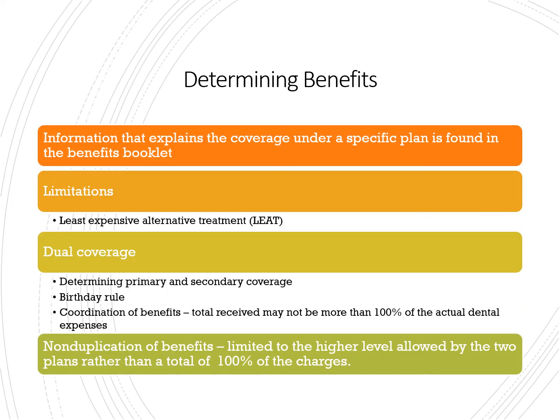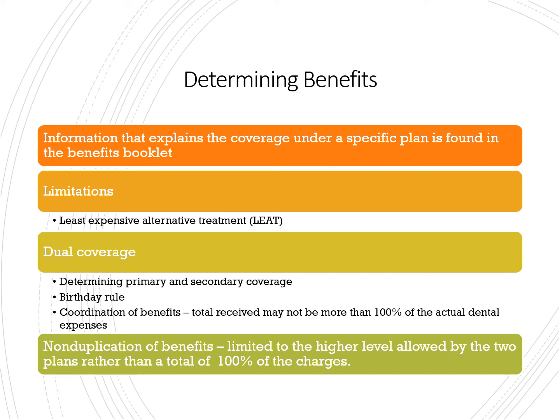There are some things you need to be aware of when determining benefits. First, limitations. And let's talk about the least expensive alternative treatment. The least expensive alternative treatment usually comes into play when there is more than one treatment option for a specific condition.